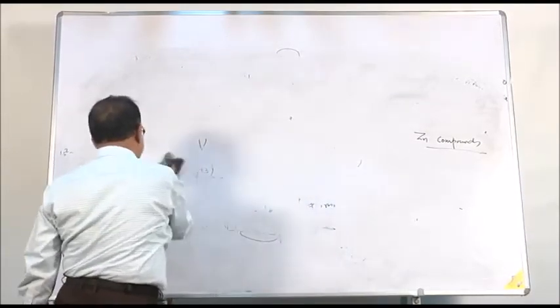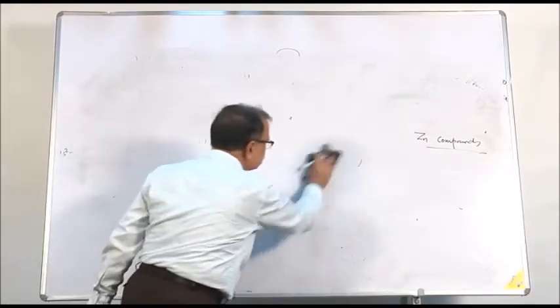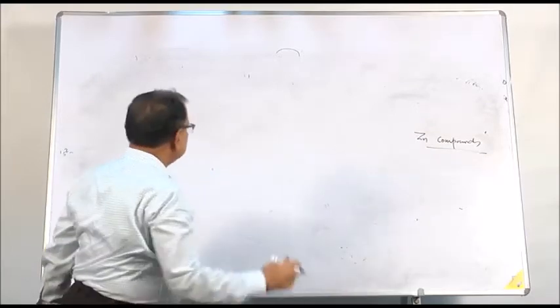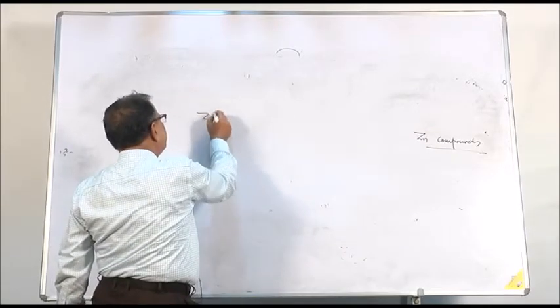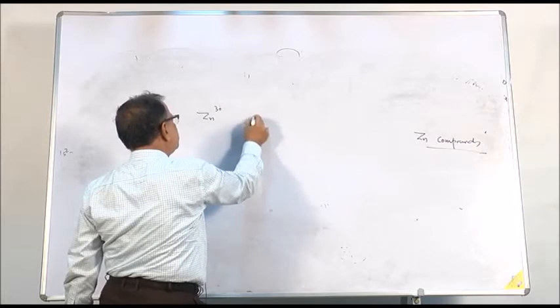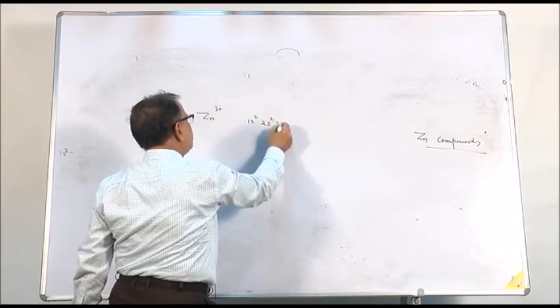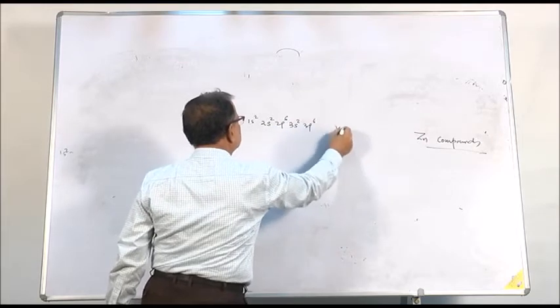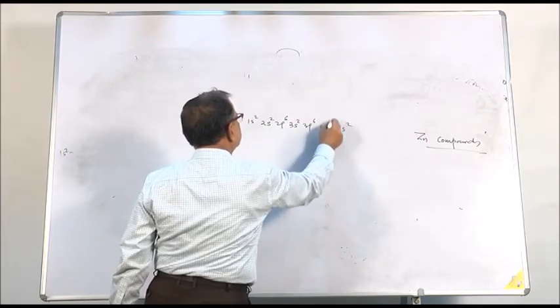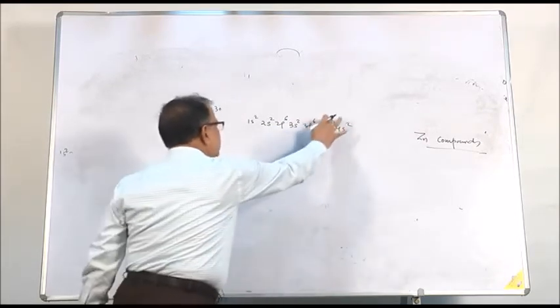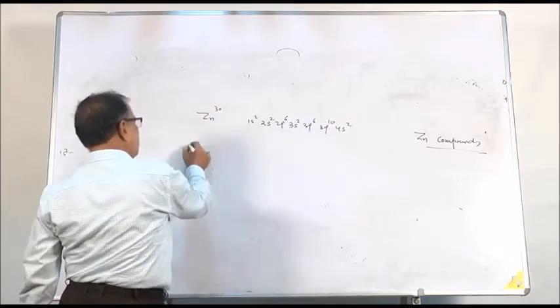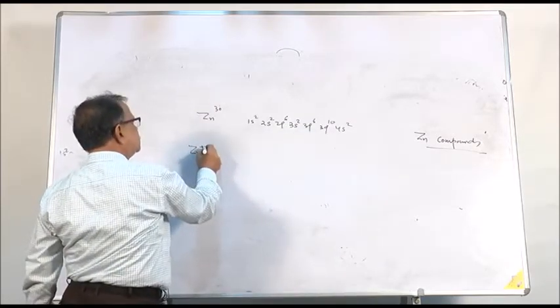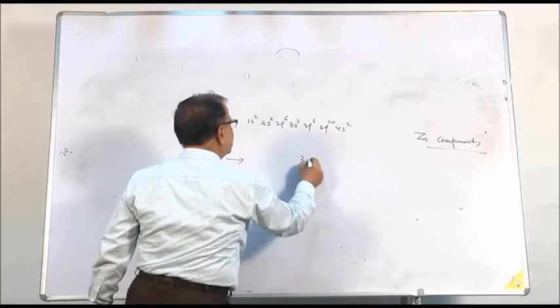Simple way: first write the electron configuration. Zinc atomic number 30: 1s2, 2s2, 2p6, 3s2, 3p6, 4s2, 3d10. Zn2+ will have configuration 3d10.